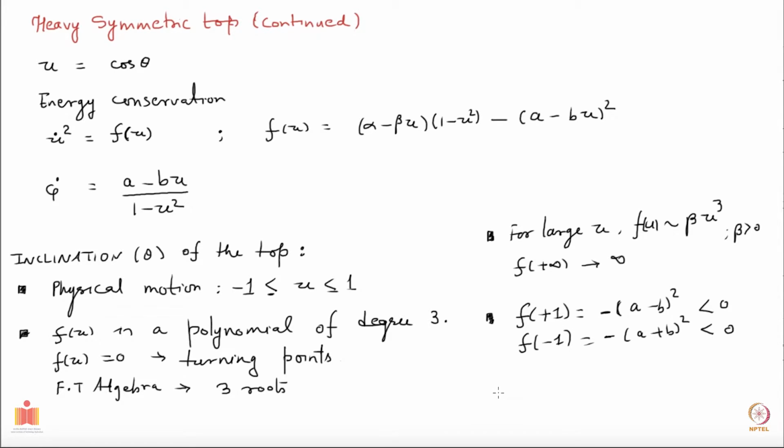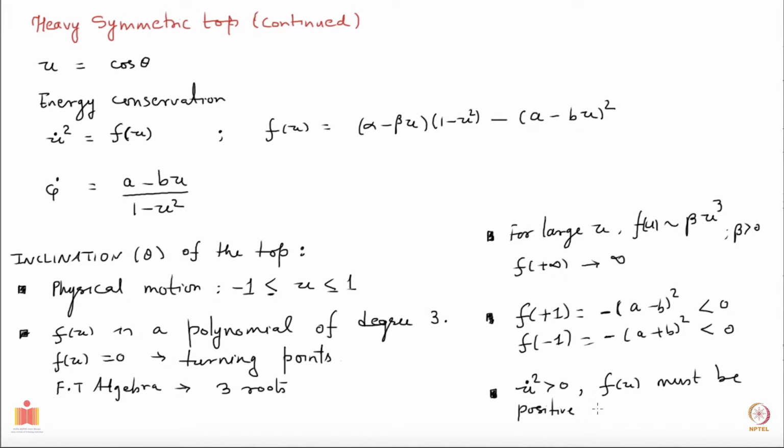Now the third thing, which is going to really fix everything for us, is that because u dot square is positive, it's a square of a real number, so it has to be positive, which means that f of u must be positive in some interval between -1 and 1.